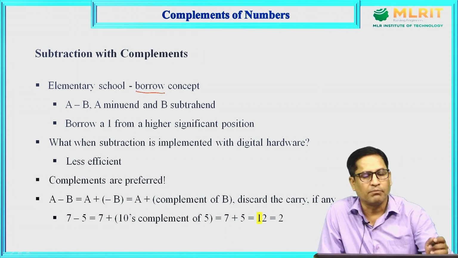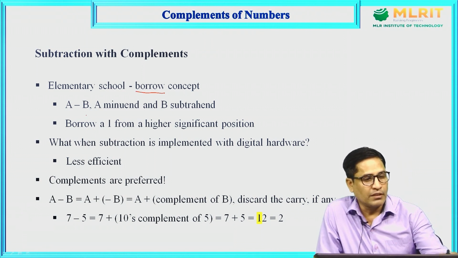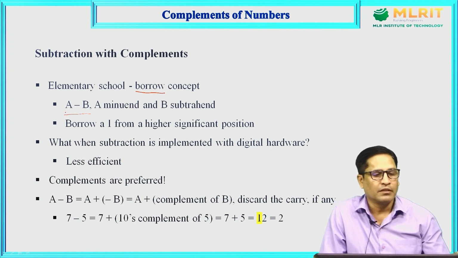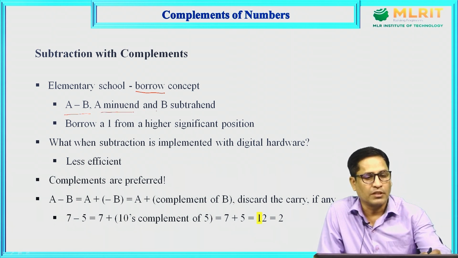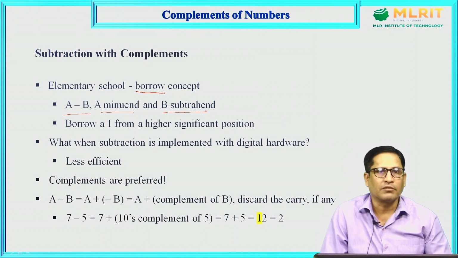That means if the number to be subtracted is higher, then we take a borrow from the subsequent left-hand side bit or number and then do the subtraction, and in the same way we go forward. Here, suppose we have two numbers A and B. A is called the minuend and B is the subtrahend. So B is going to be subtracted from A.